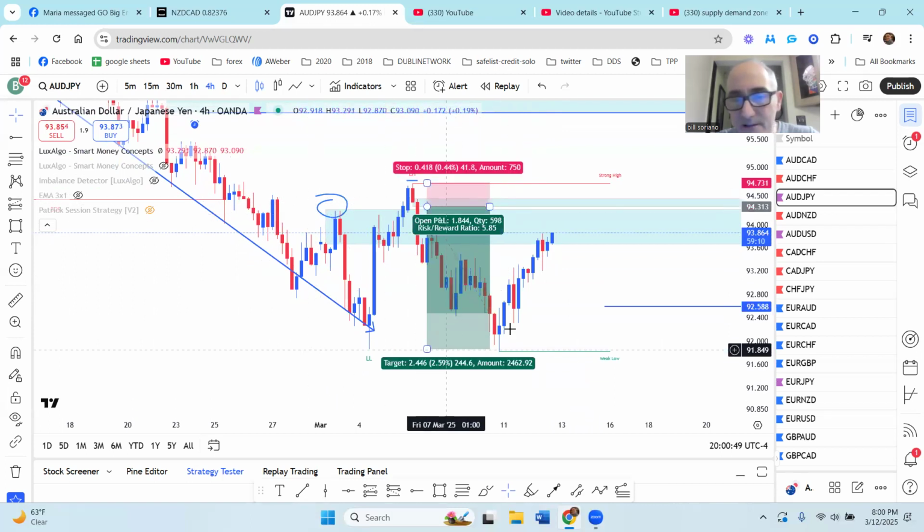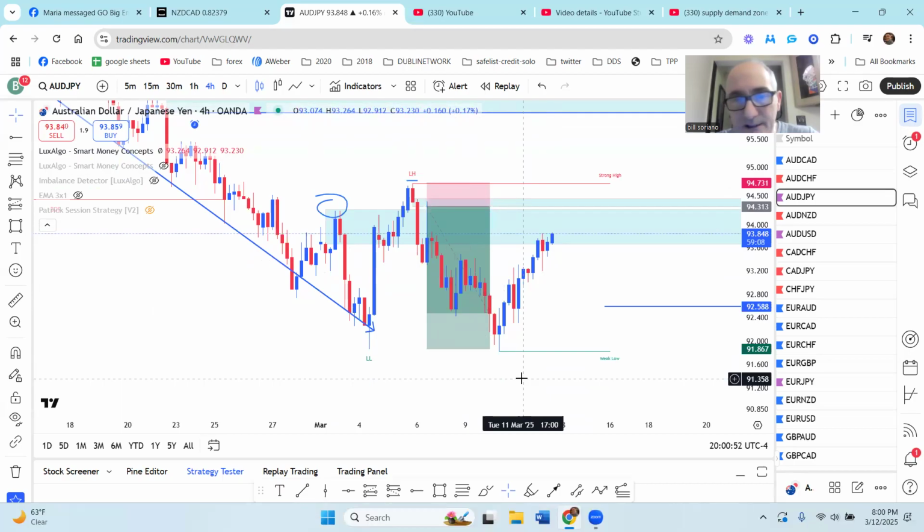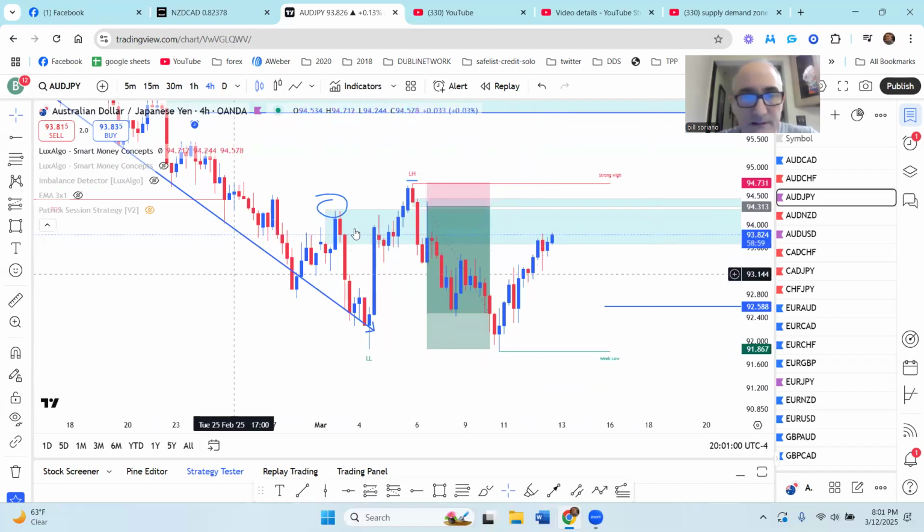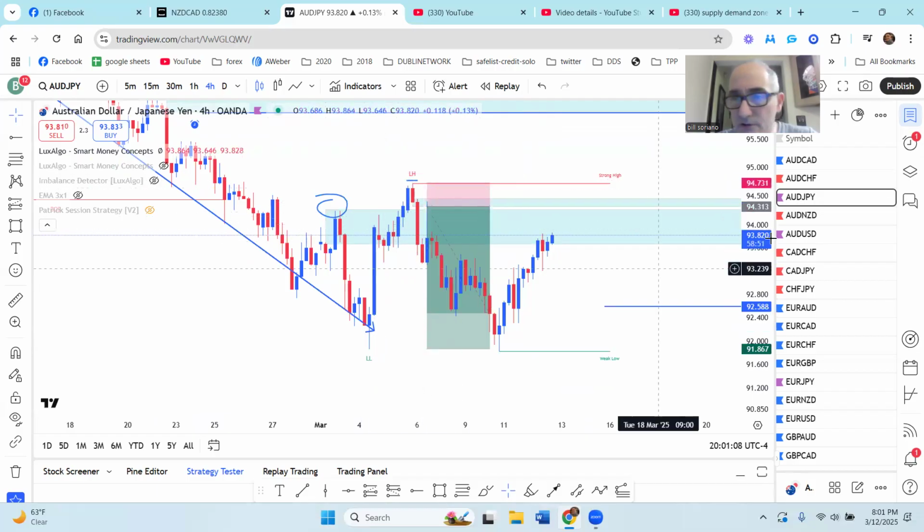And we didn't get a clean break of structure to the downside here. So we don't really have any refined zones to trade from. This is the zone we're trading from right here, from this push down and this break of structure here. See, then price moves back into the zone, goes a little higher. And so we were never able to get into that trade.